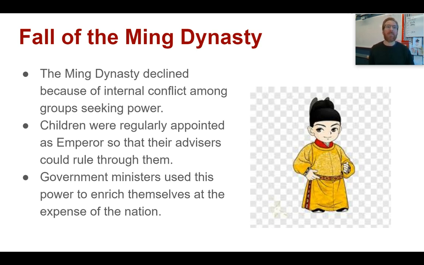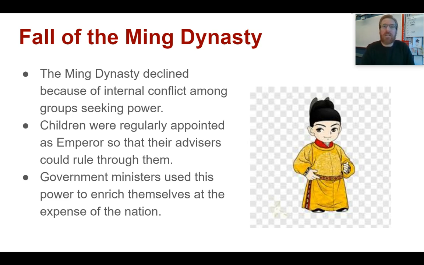Now, the Ming Dynasty, which was in control. They had seized power in China from the collapsing Yuan dynasty, Mongols, and brought China back to the Chinese. But they go into decline because of internal conflict amongst different groups that are seeking power.